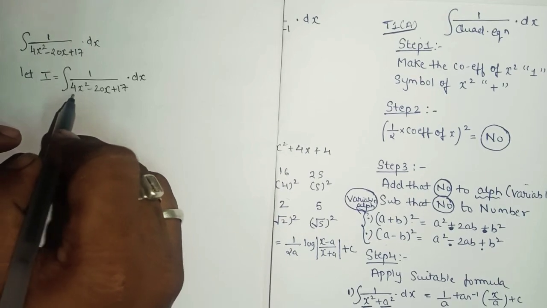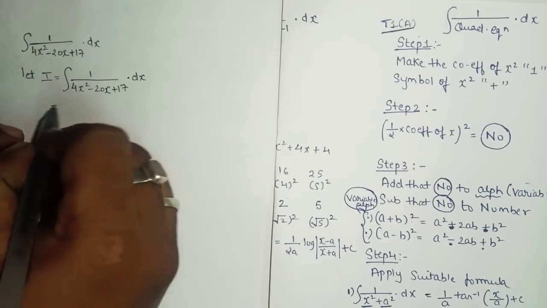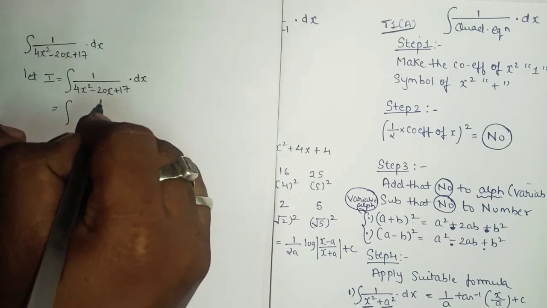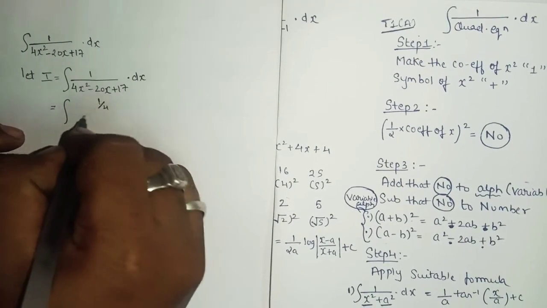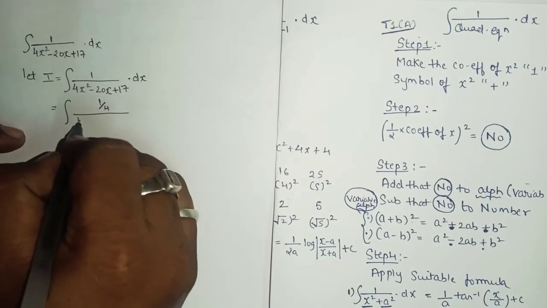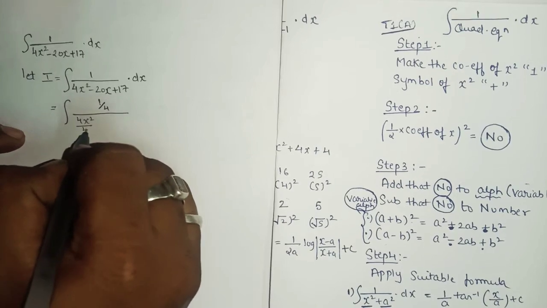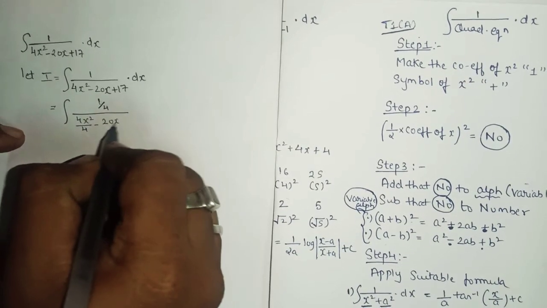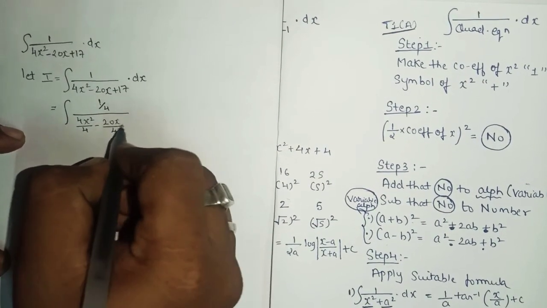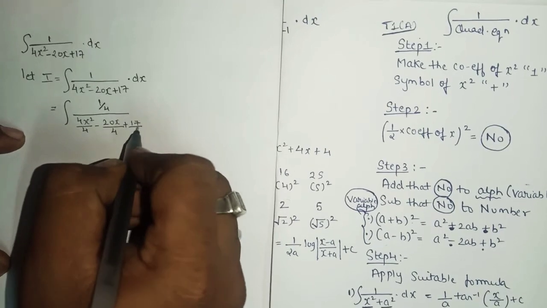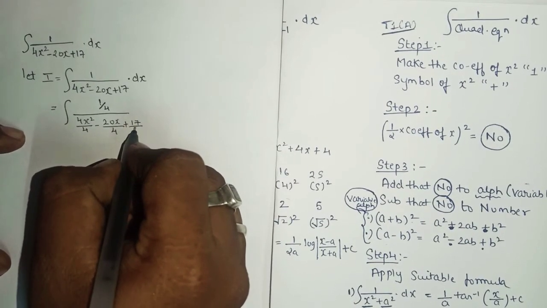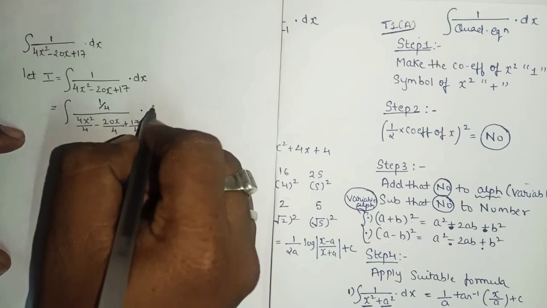What is the coefficient here? It is 4. So simply you will divide each term by 4 to make the coefficient of x square as 1.